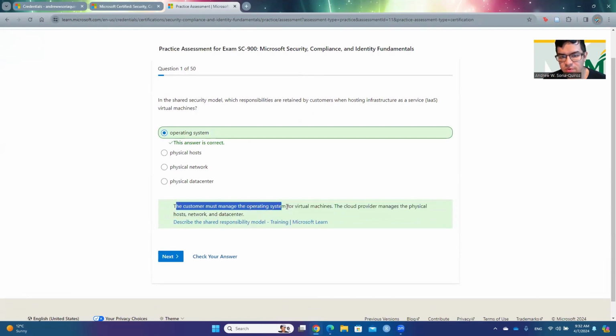The customer must manage the operating system for virtual machines, and the cloud provider manages the physical host, networks, and data center. If I was wrong, it will still give me a message of which one is the correct one, and it will give me the resource in Microsoft Learn. I will strongly encourage you to do that and to understand why you're wrong. And an 80 or more score should be enough for you to be able to pass the actual exam.